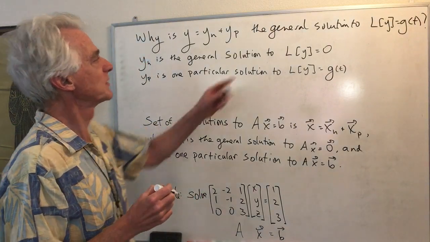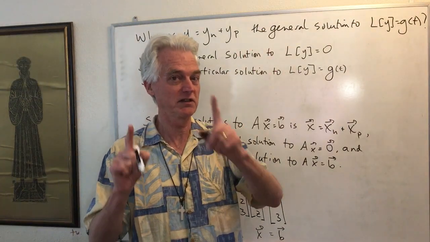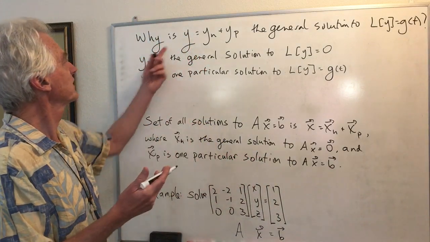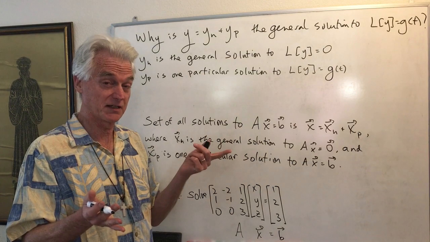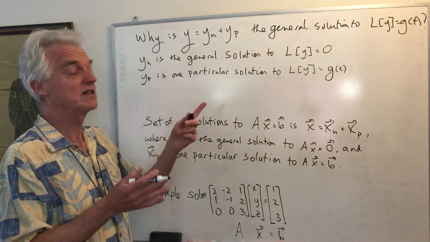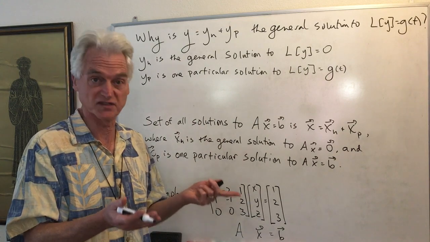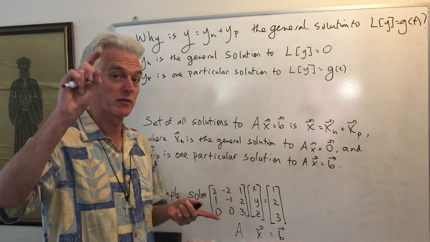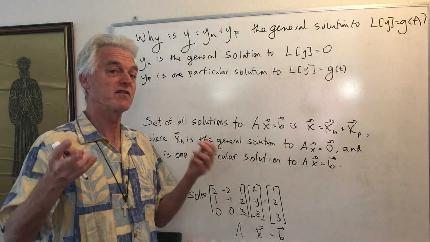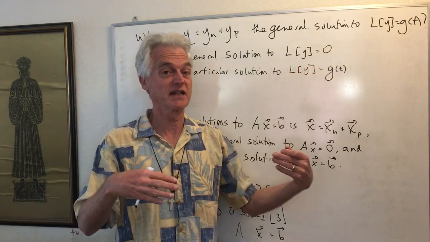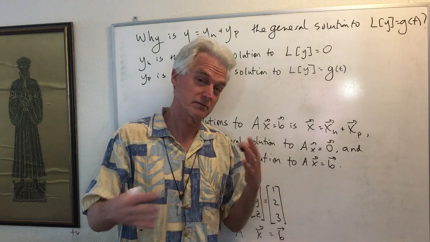All right, so to be the general solution, we need two things. We need a family of functions, it will have constants in it, such that every function in that family, every choice of constants gives you a solution, that's one. But two is that every solution to the ODE is contained in that family, right?